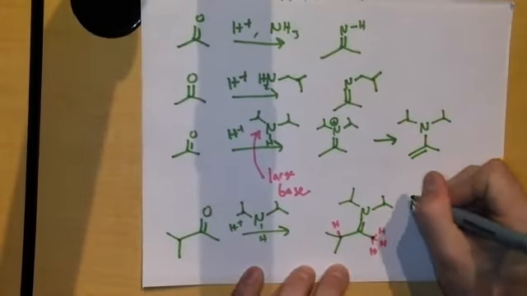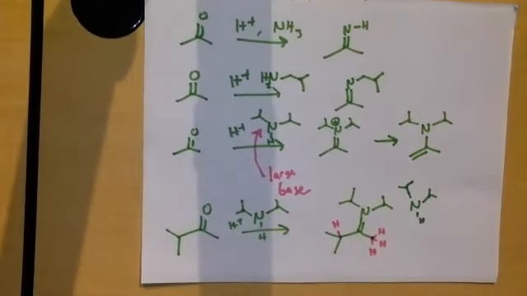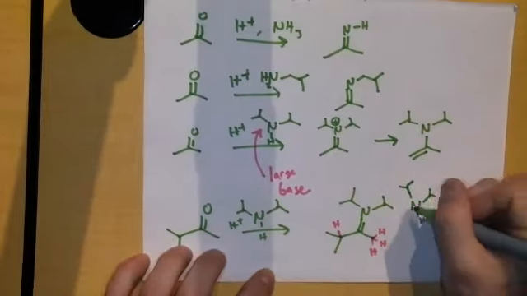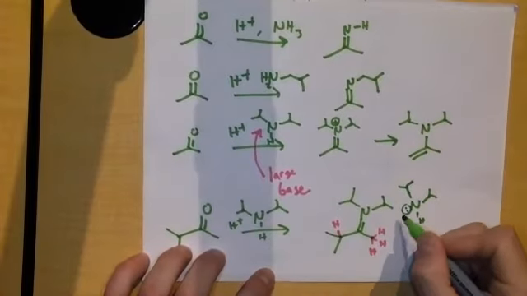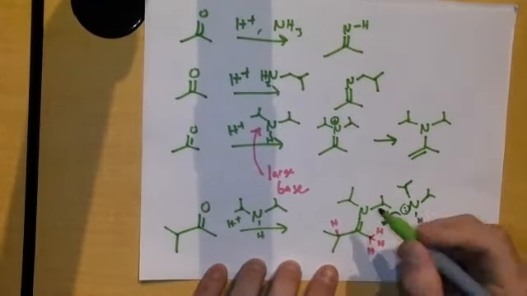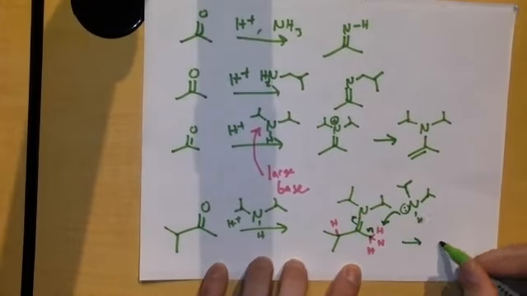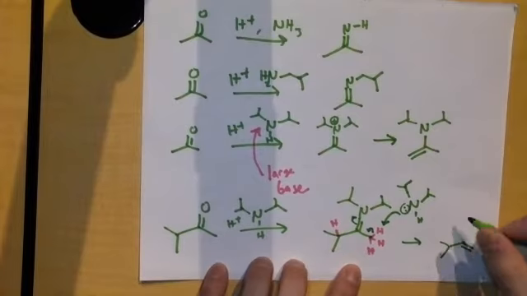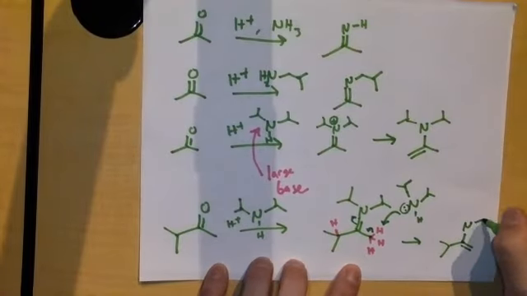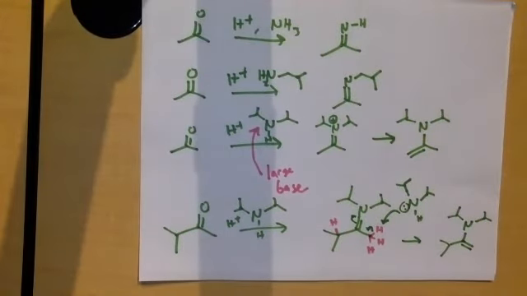Because this nitrogen here is going to be a large base, it's going to be selective for that less substituted position. So it is going to pull off this proton here as opposed to the one on the tertiary center. And we're going to get this enamine.